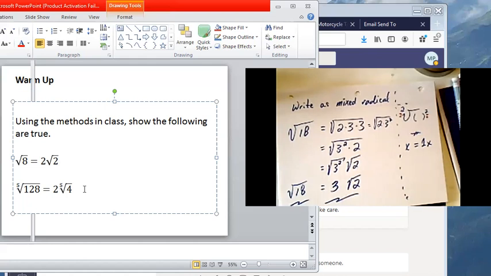Can you repeat it again? Sure. This last part. Square root of 18 is equal to 3 square root of 2. Okay.